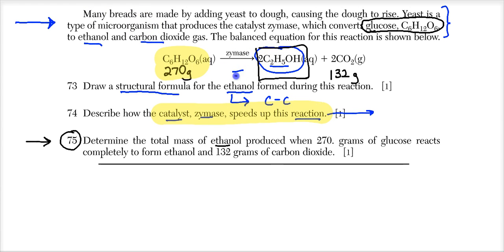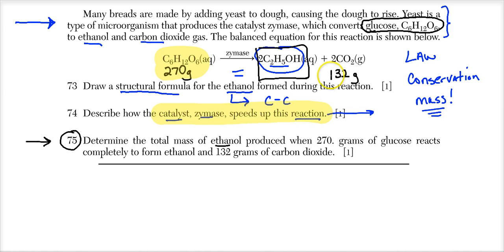Because the total mass of the reactants has to equal the total mass of the products. This is the law of conservation of mass. This is what balancing chemical formulas is all about. So 270 grams of your reactants has to equal 270 grams of your product. So all you have to do is subtract these two values to get the difference, which has to be the ethanol.